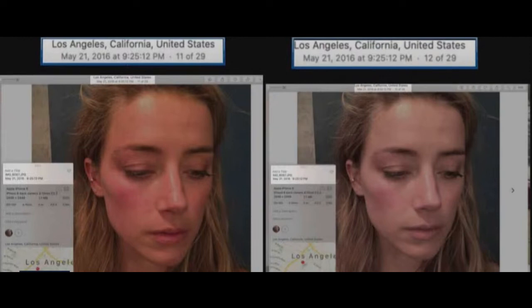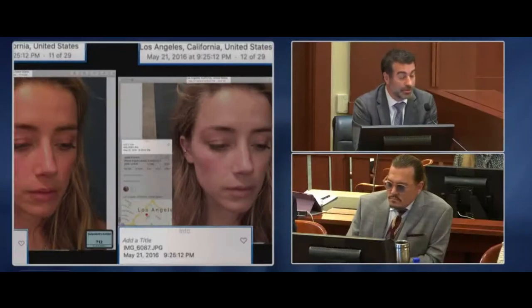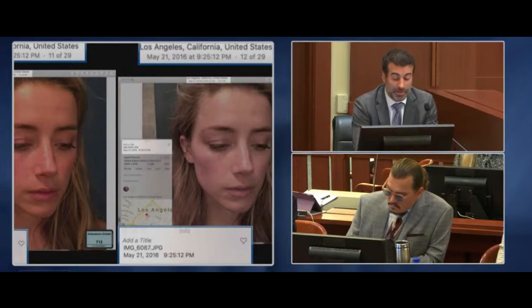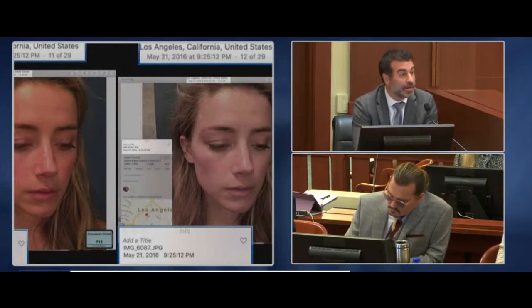How would you have this jury decide which one is real? I think you would need to look at the software metadata field, which I haven't looked at. I don't recall if I looked at it for this particular file, but I think that's what even Mr. Neumeister said, that you need to look at the software metadata field.